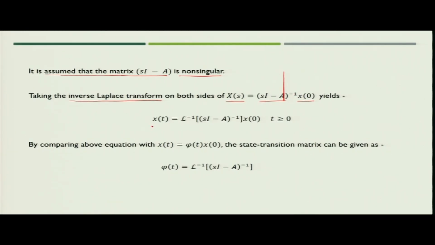If you take the inverse Laplace transform, we get x(t), with x0 being a constant quantity, for time t greater than 0. Now, you can compare this with our initial equation in terms of the state transition matrix, that is, the state at any time t is related to the initial state with the help of the state transition matrix. When you compare both, you get phi(t) as the inverse Laplace transform of (sI minus A) inverse.